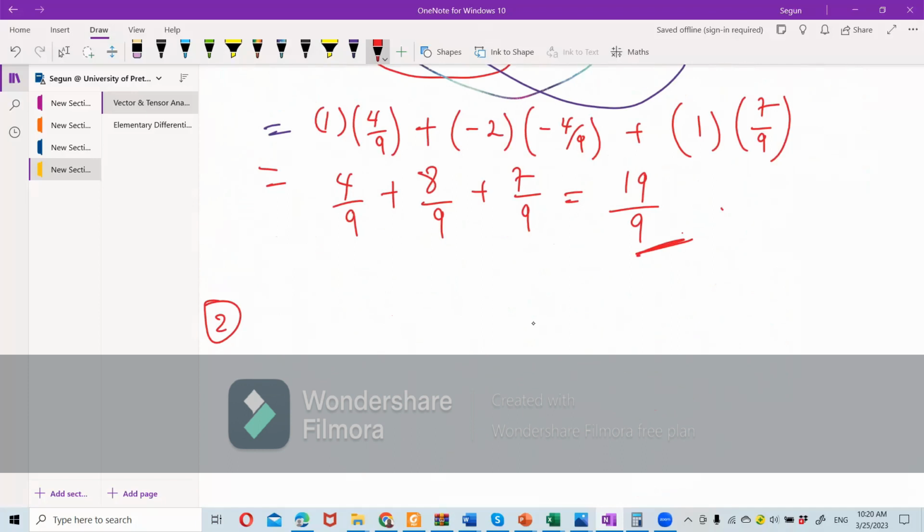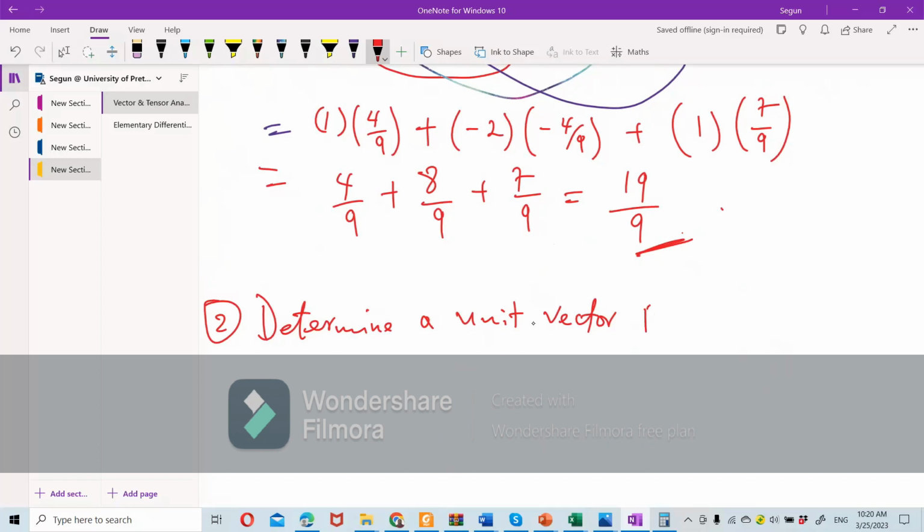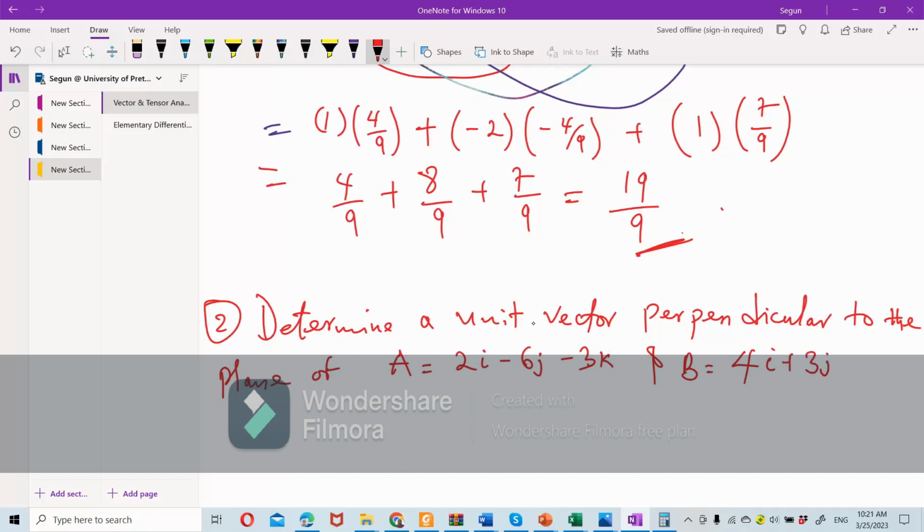They can ask us to determine a unit vector perpendicular to the plane of A equals 2I minus 6J minus 3K, and B equals 4I plus 3J minus K.